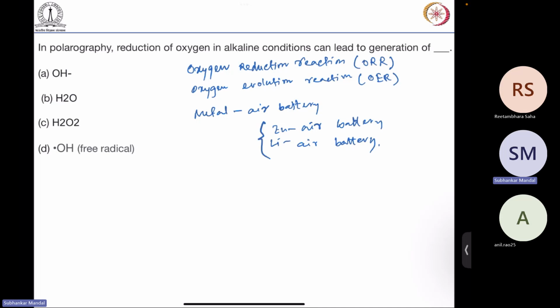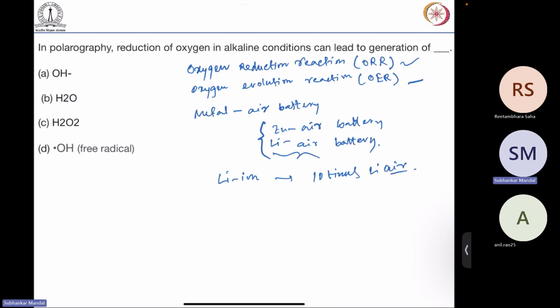If you see the lithium air battery, where ORR and OER, oxygen reduction reaction and oxygen evolution reaction, happen, as in zinc air or metal air batteries, the capacity of the lithium air battery is 10 times higher than that of the lithium ion battery.